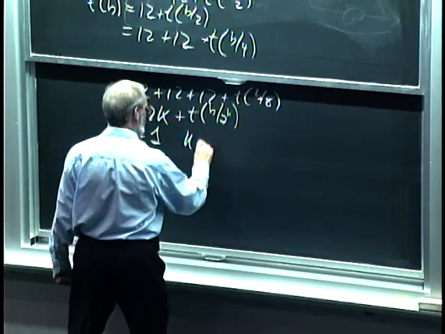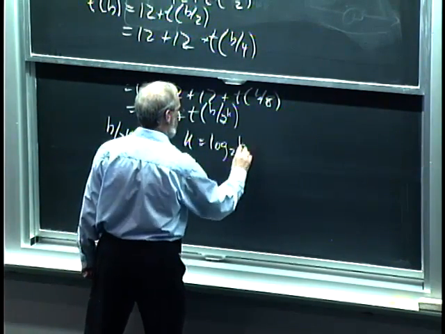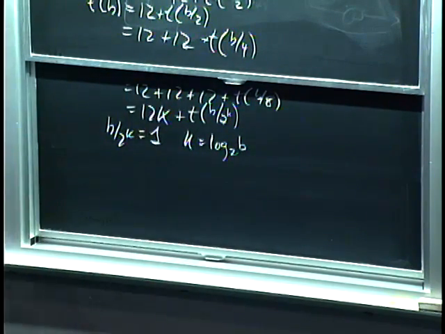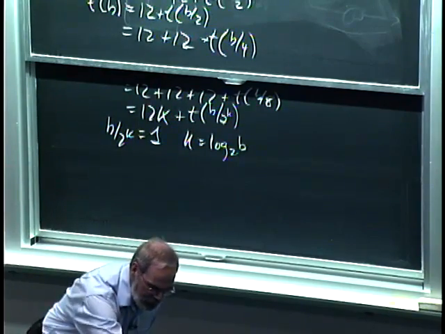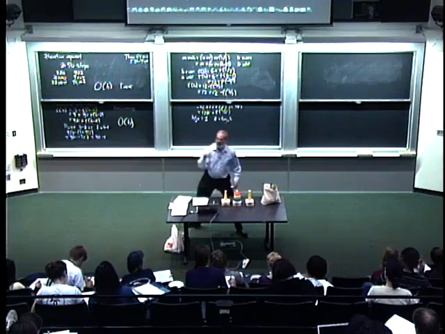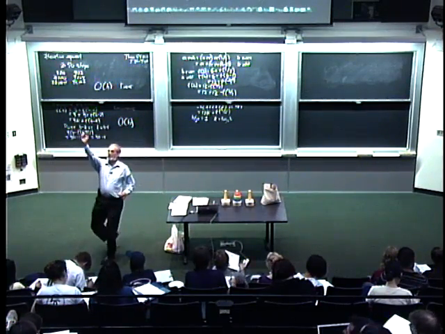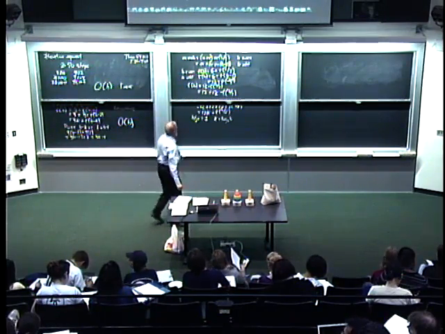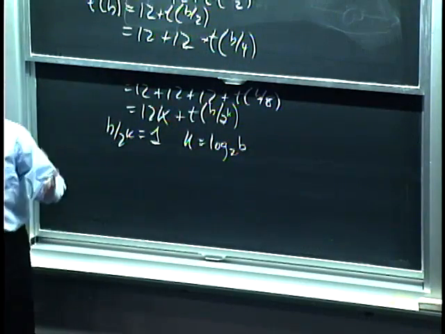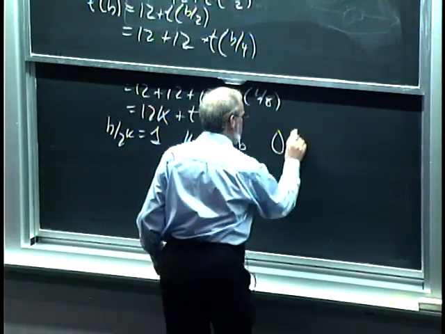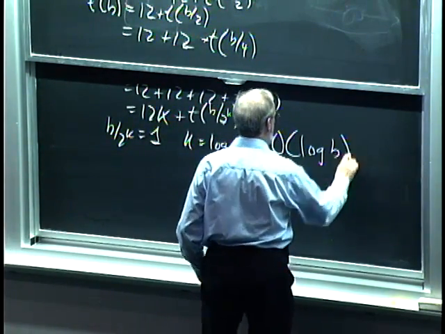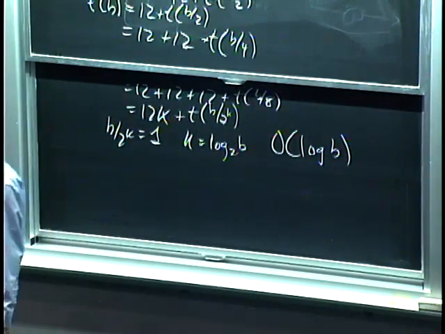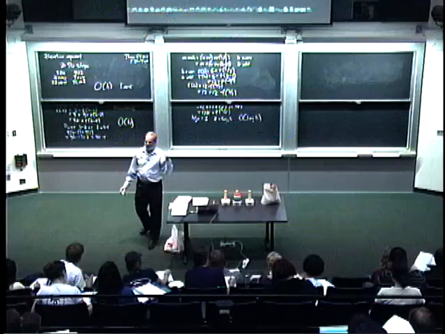That's when k is log base 2 of b. You're sitting a long ways back. I have no idea if I make it this far or not. Thank you. Okay? There's some constants in there, but this is order log b. Logarithmic.